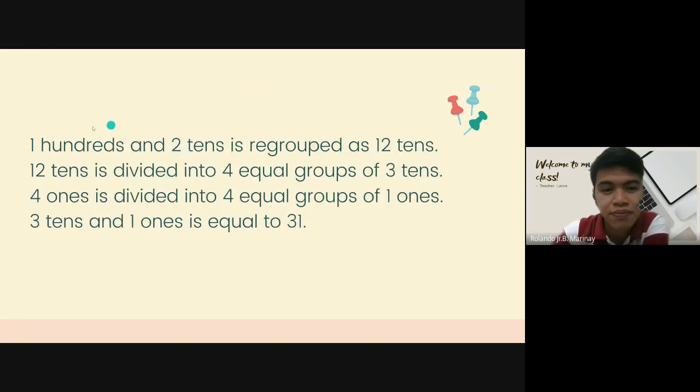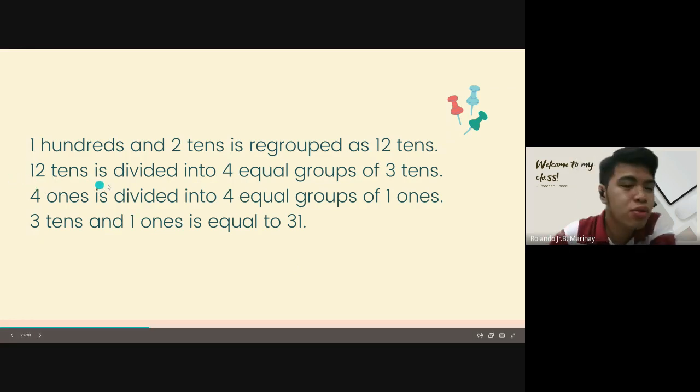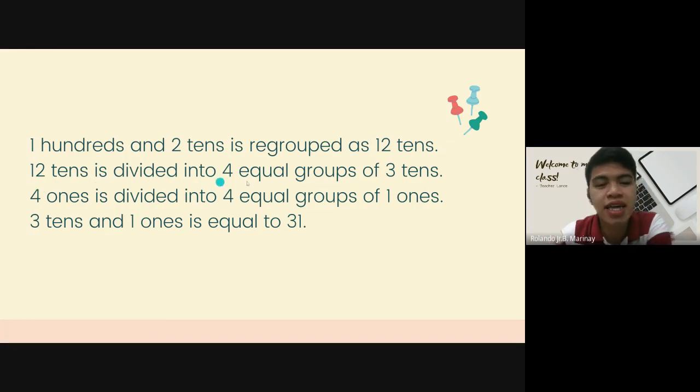Here we have 1 hundred and 2 tens, and we regroup them as 12 tens. Then 12 tens is divided into 4 equal groups of 3 tens, and 4 ones is divided into 4 equal groups of 1 one.